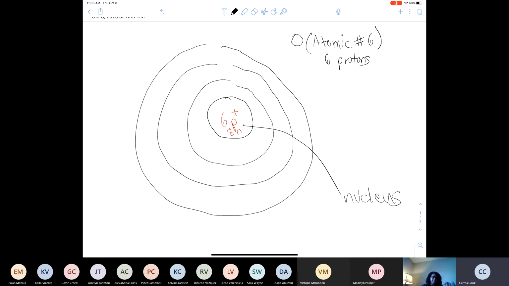And the electrons reside in these orbitals. So these little circles that I'm drawing around the nucleus, those are orbitals. Each of these orbitals has a different energy.